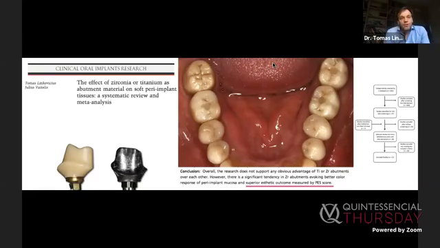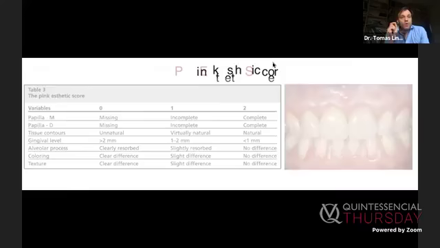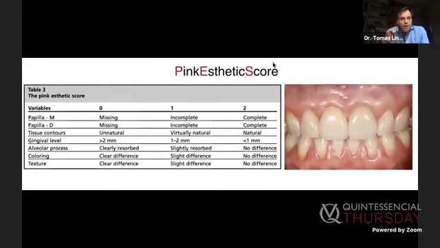And what they found in those studies, and we did the analysis, was a superior aesthetic outcome, measured by the pink aesthetic score, around zirconia abutments. And we all know that the pink aesthetic score is actually the only objective evaluation of aesthetics.